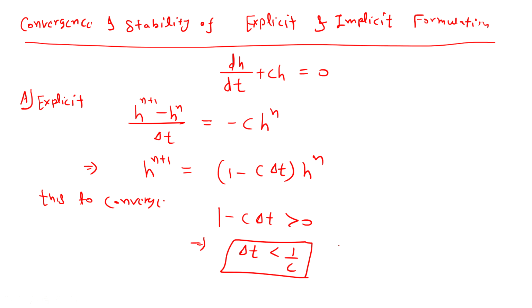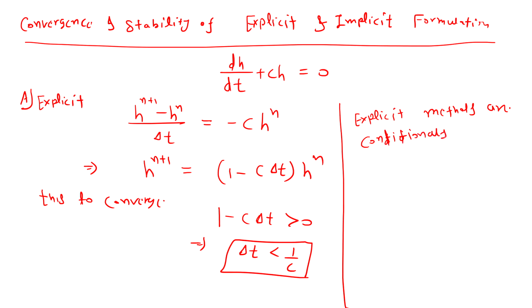So I am saying that explicit methods are conditionally stable and they only converge when delta t is less than 1 by c.